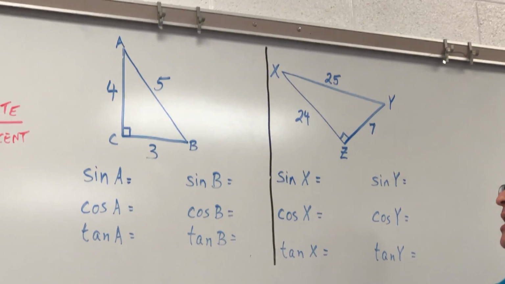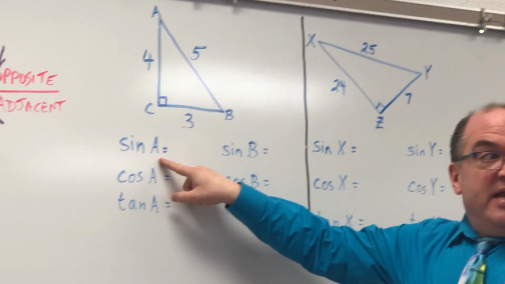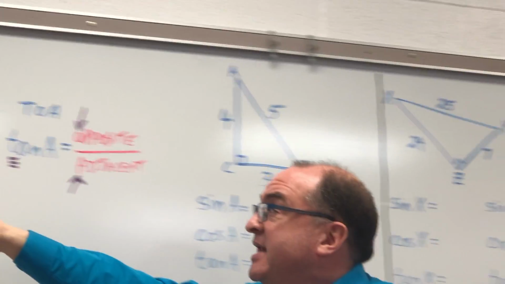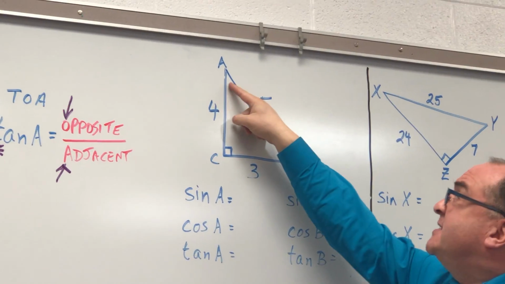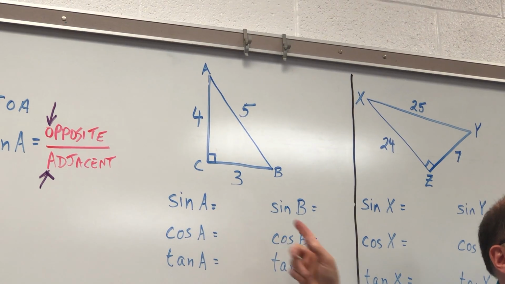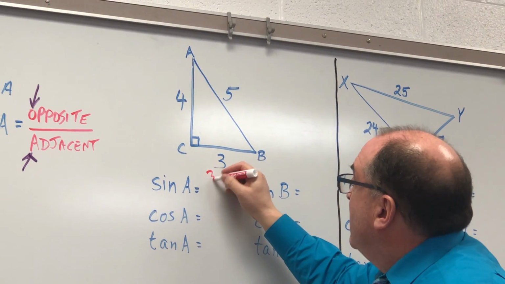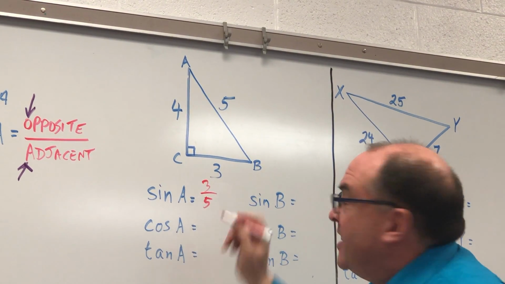If I say what's the sine of A? Sine is opposite over hypotenuse. What number is opposite A? 3. Over the hypotenuse, 5. Done. That's your answer.